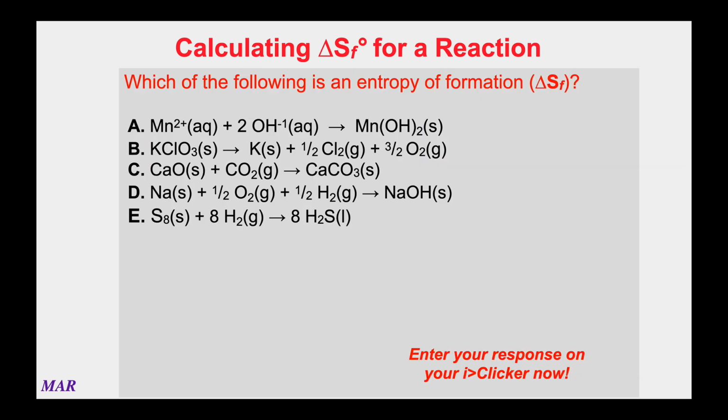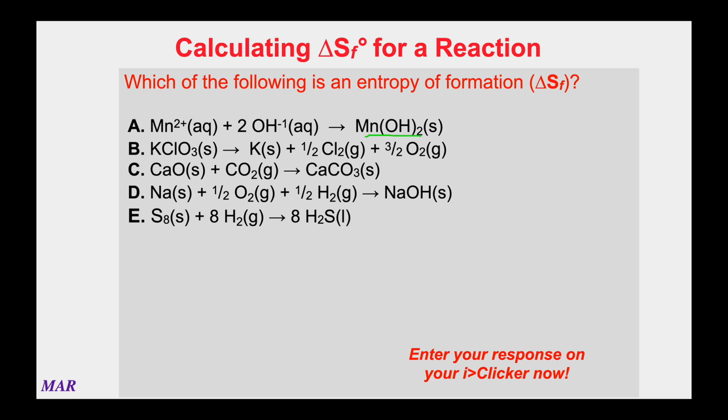Which of the following is the reaction for an entropy of formation? Now remember that to have an entropy of formation, or any formation for that matter, you can have 1 mole and 1 mole only of products, and all of the reactants must be elements in their standard states. So if you look at the first one there, making manganese 2 hydroxide, well, we do have 1 mole of product.